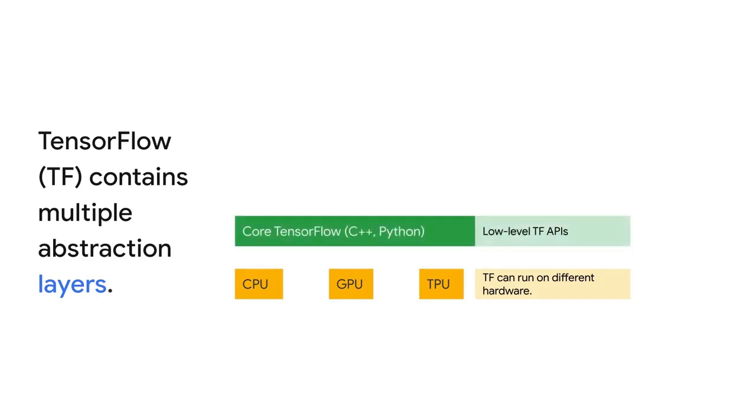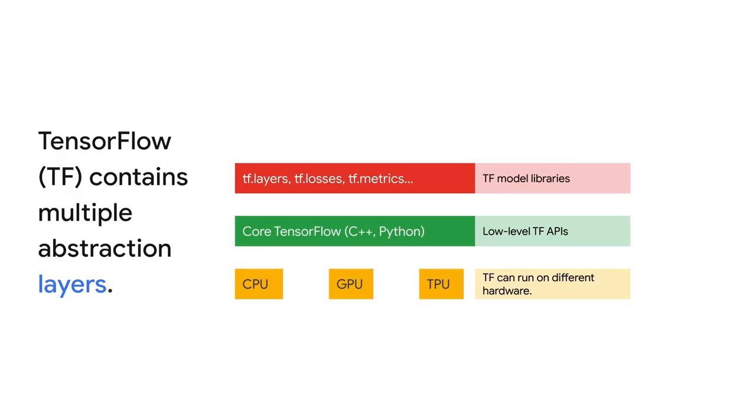The next layer is the low-level TensorFlow APIs, where you can write your own operations in C++ and call the core, basic, and numeric processing functions written in Python. The third layer is the TensorFlow model libraries, which provide the building blocks such as neural network layers and evaluation metrics to create a custom ML model.